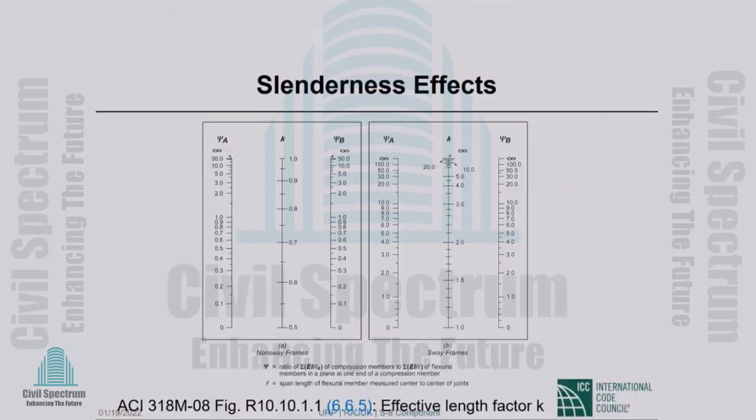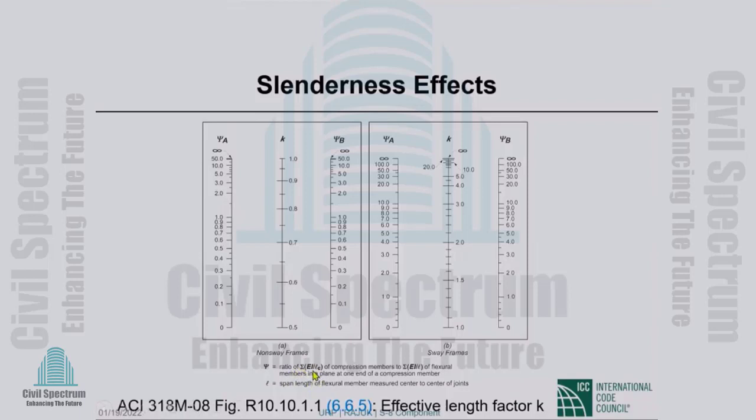Now in ACI 318, even today, we have these charts, Jackson and Moreland or something, which enable you to calculate the K value depending upon the stiffness ratios at the two ends.